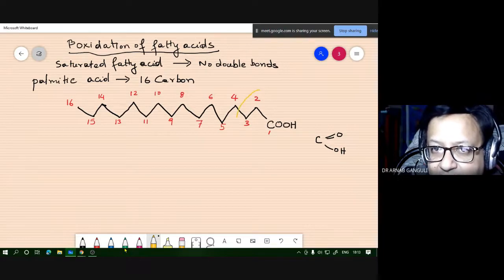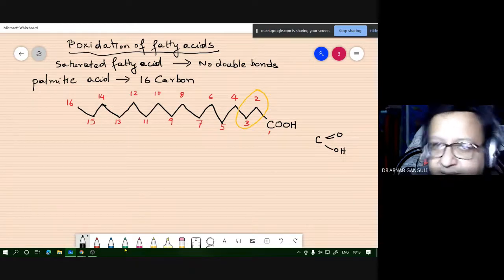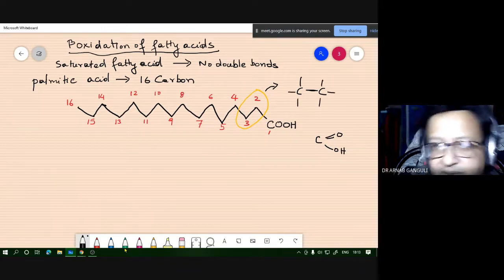So let me draw this part in a bit greater details over here. This part essentially means these two carbons over here.